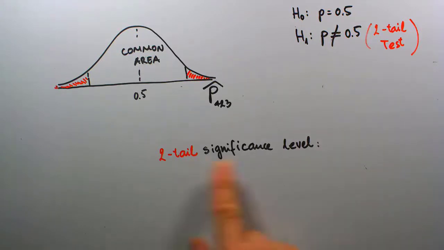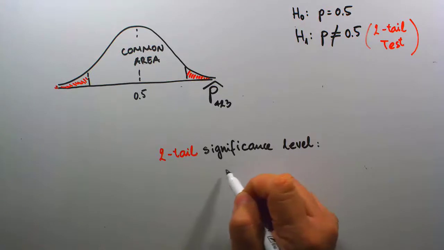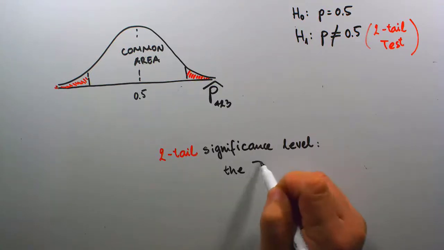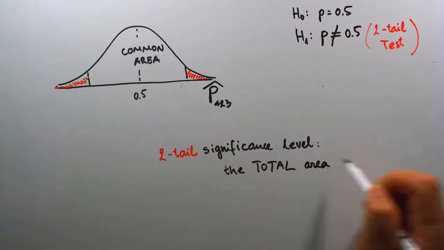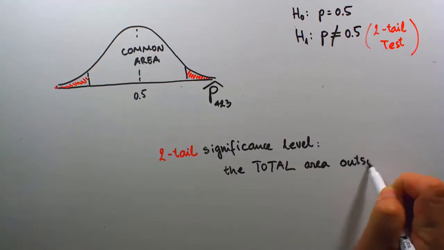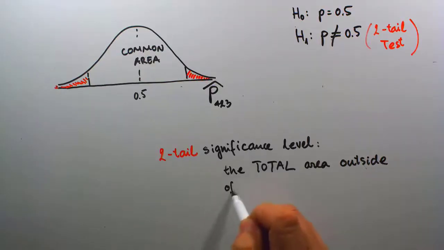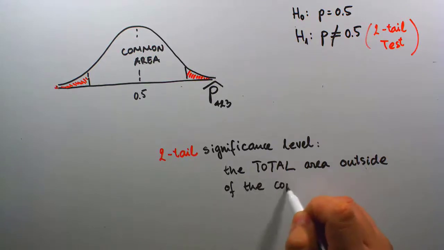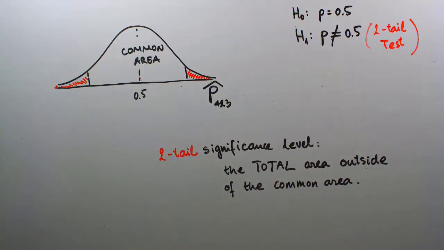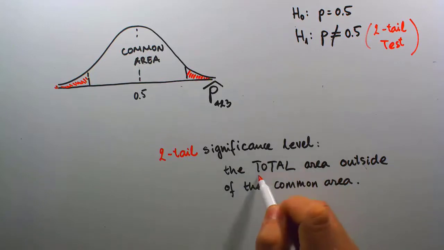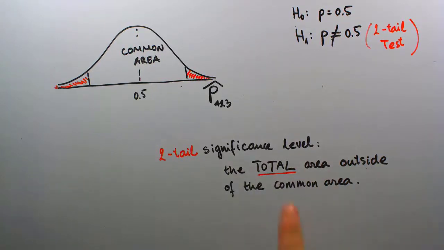A two-tailed significance level given in a problem is simply defined, as a convention among the statisticians, as the total area outside of the common area. I must underline this: the two-tailed significance level is the complete total area outside of the common area.